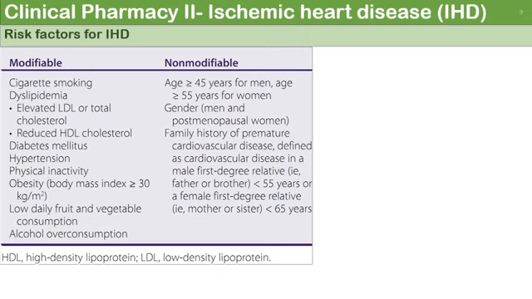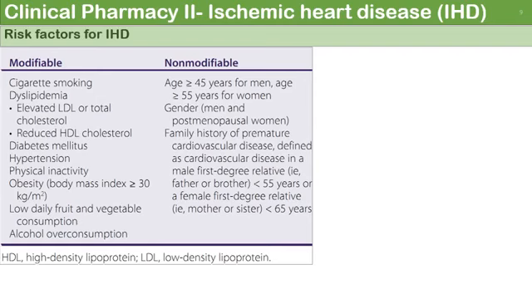While non-modifiable risk factors include age. Especially for males, age of 45 or more, the incidence increases. Also women who are postmenopausal, more than 55 years old, have a higher risk for ischemic heart disease.